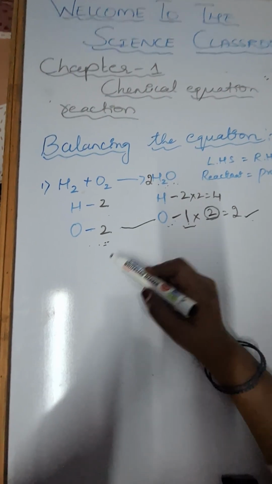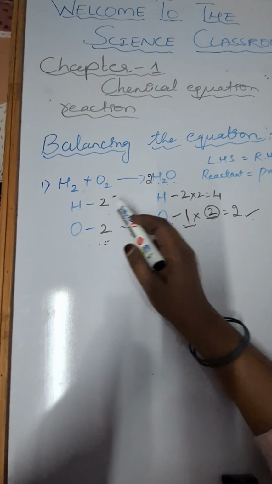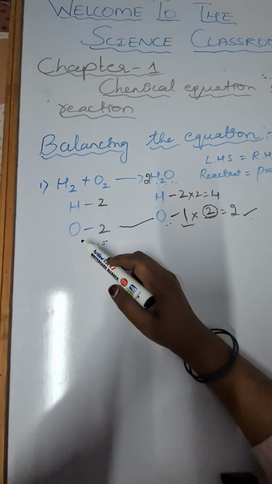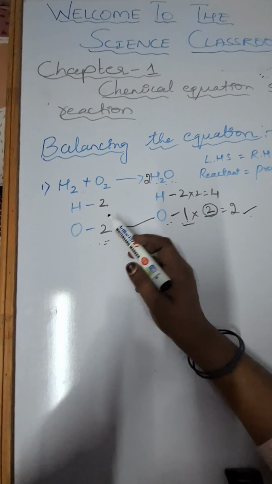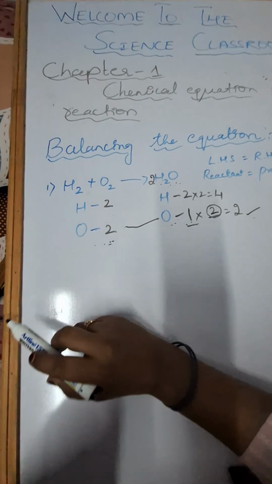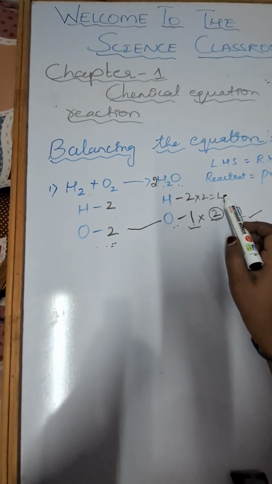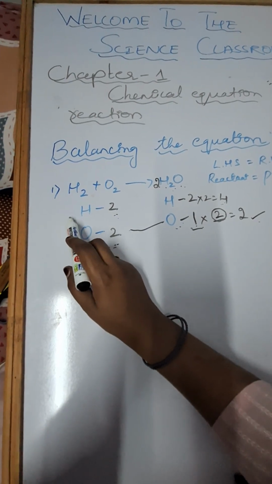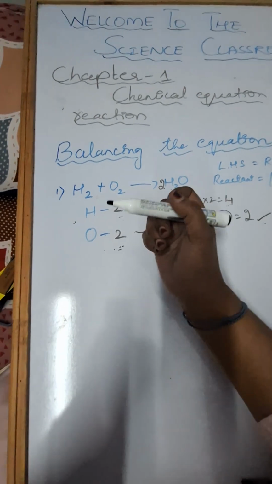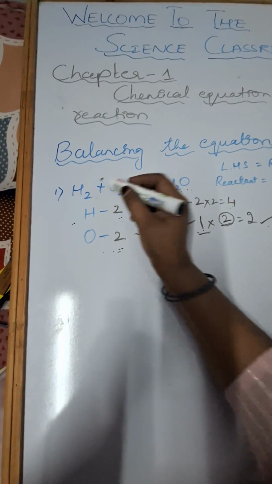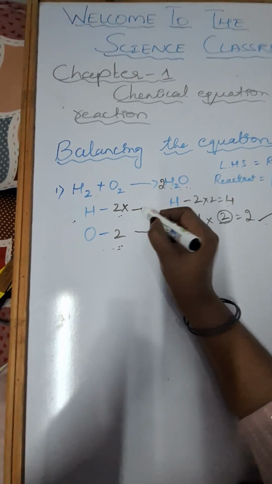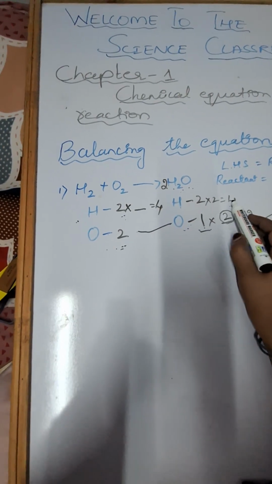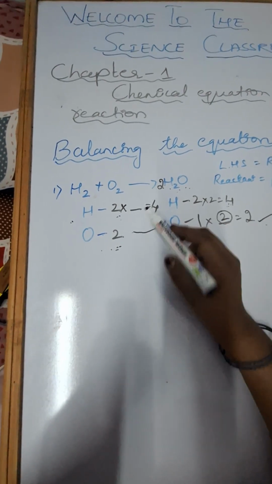These two are correct. Again, there is an imbalance here. Right? So what do we need to do? Where it is less, you need to go and change there. Compared to here, this is 4 and this is 2. So on the reactant side we have less. Now again, as I said, if I put here anything multiplied by 2, we need to get the product as 4.